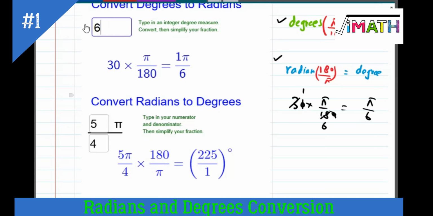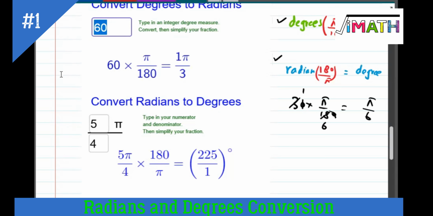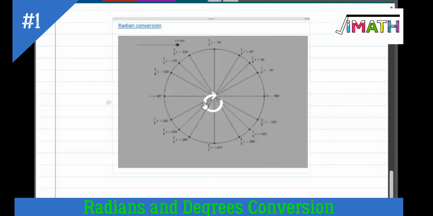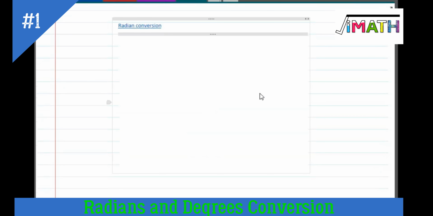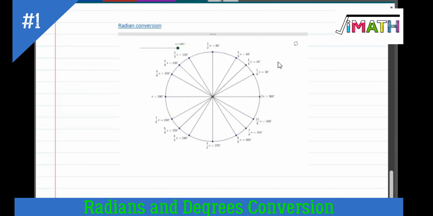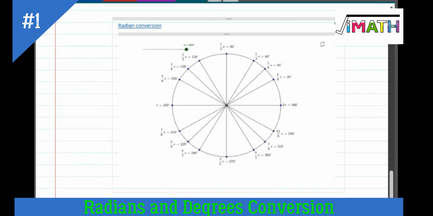Now let's go for 60, and we want to know what would be the value of 60 degrees in radians, and we can go the other way as well. So this is the final graph that we have, let's make it bigger for you to see.